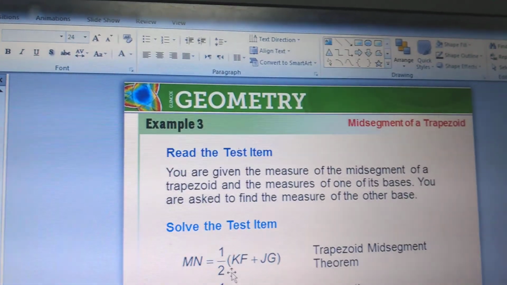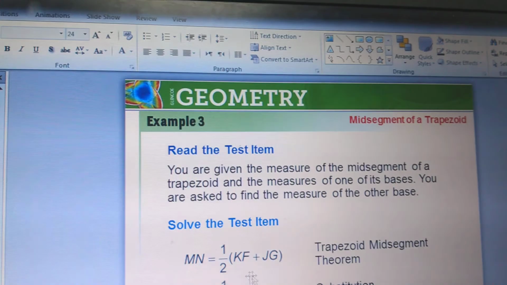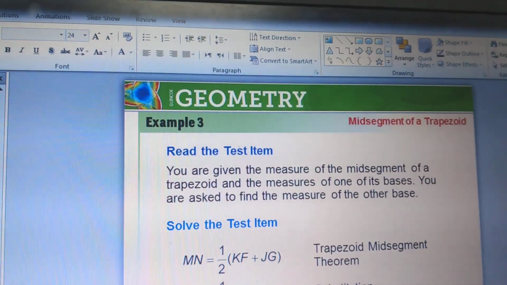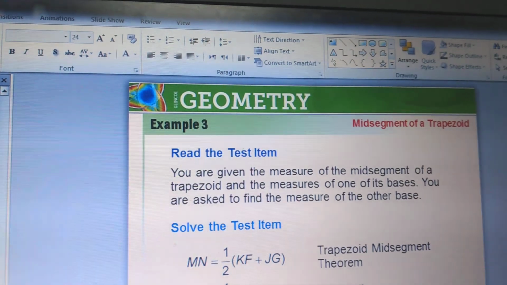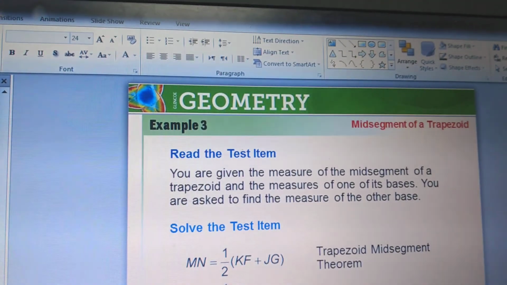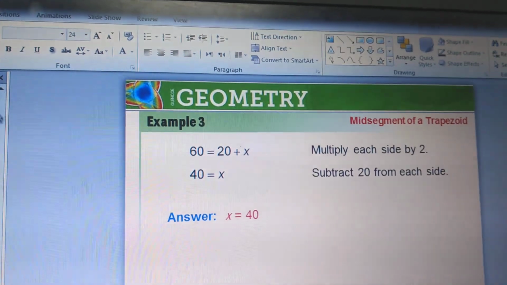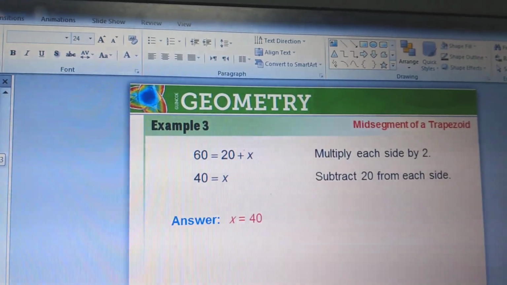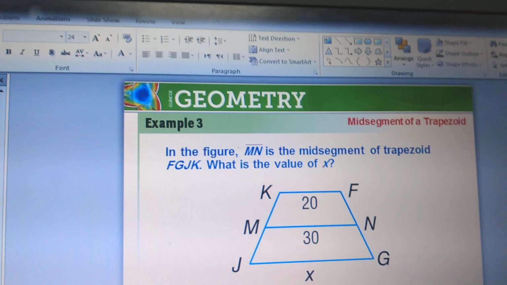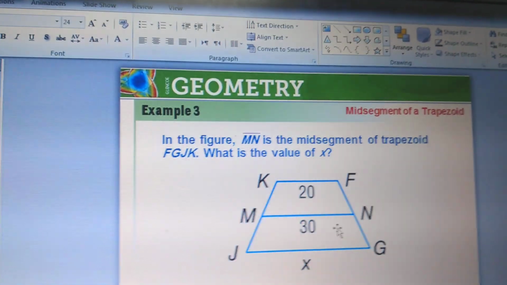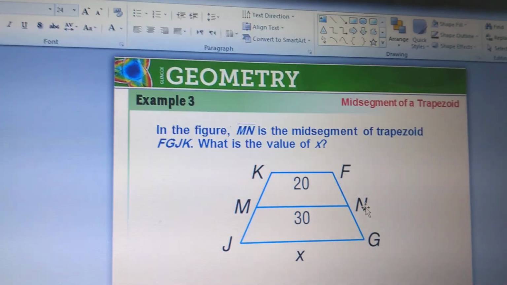You see? He writes the rule here, then he substitutes. We have this equation, we solve the equation, we get the answer X equals 40. Of course, can I solve it mentally? Of course I can solve it mentally. How? Listen how, it's very important and it makes your work very simple.